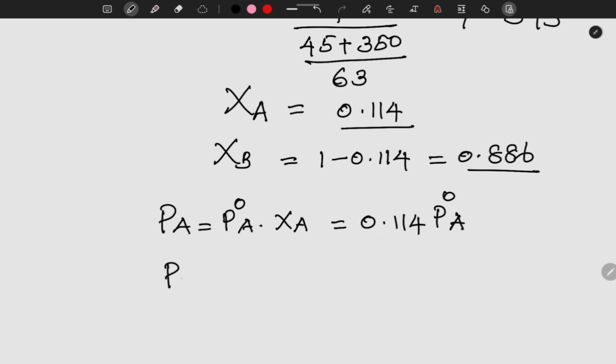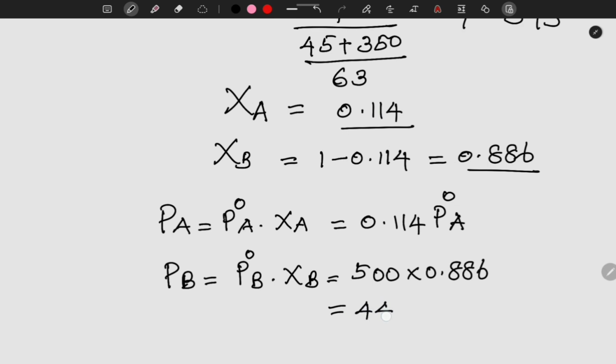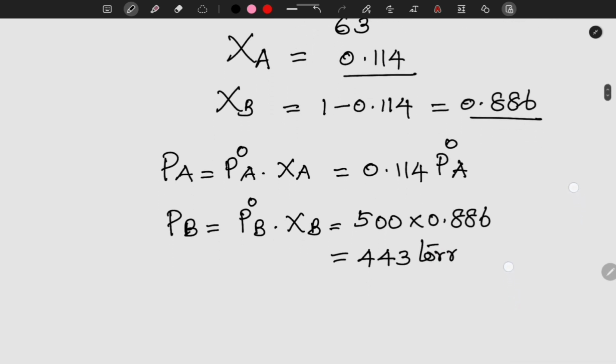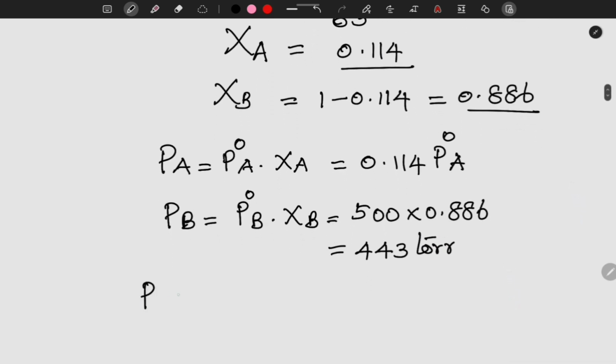Similarly, PB is equal to P0B into chi B. P0B is given in the question as 500 torr, so 500 into 0.886. So we will get 443 torr.